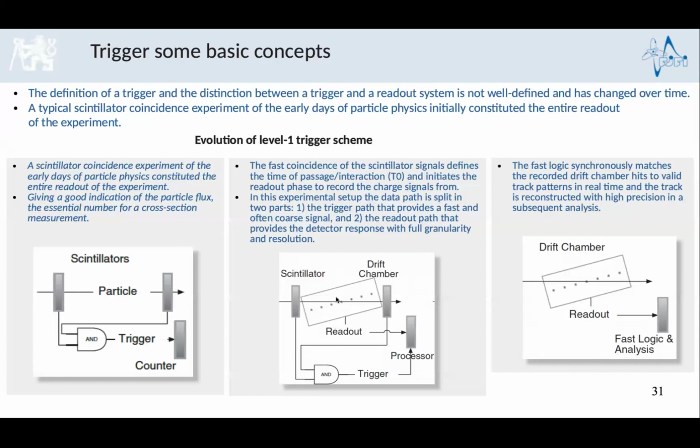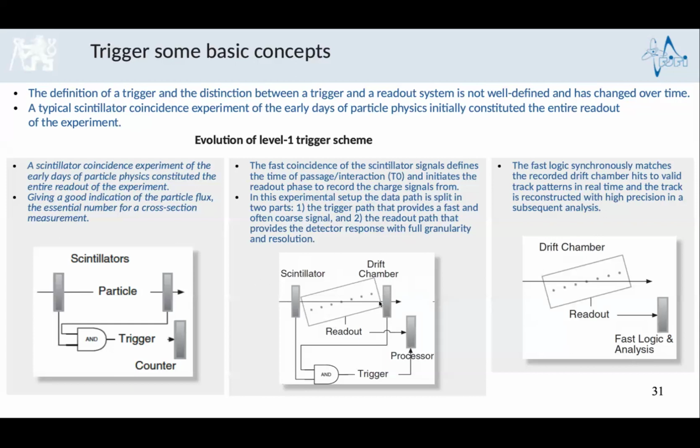Normally this trigger system is a fast coincidence which defines the passage of some particle and also can define the interaction in case of collisions, and that is the reference time for this experiment or this measurement.